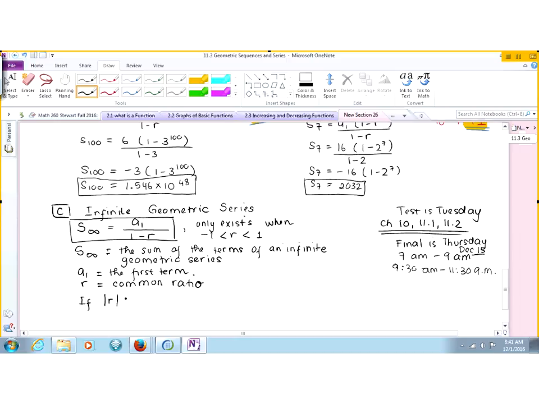So let me write down a little bit. So if the absolute value of R is greater than 1, then S infinity does not exist. So it only exists when R is between -1 and 1.